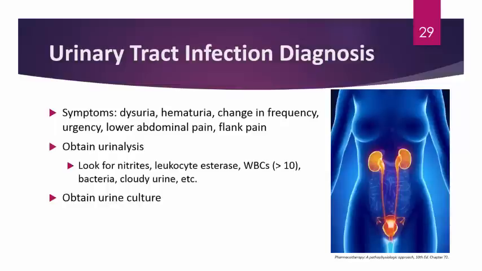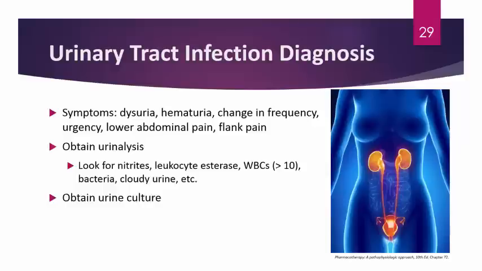For urinary tract infection diagnosis, some common symptoms you may see are dysuria, hematuria, change in frequency, urgency, lower abdominal pain, and flank pain. For these patients, the first thing that's typically done whenever these symptoms are seen is to obtain a urinalysis.